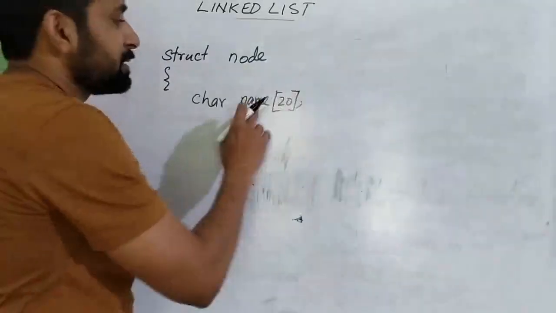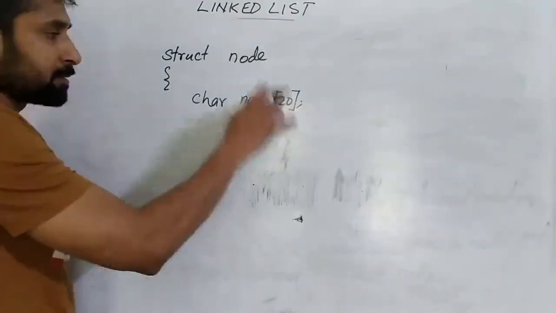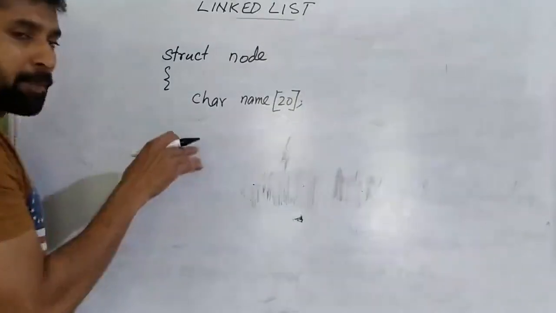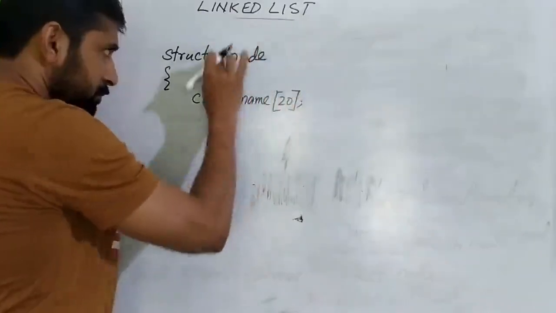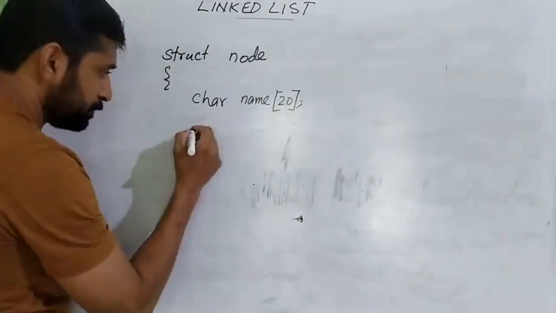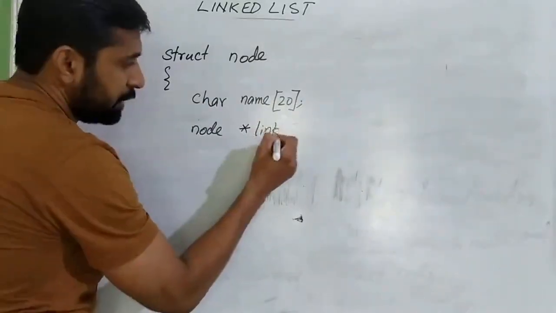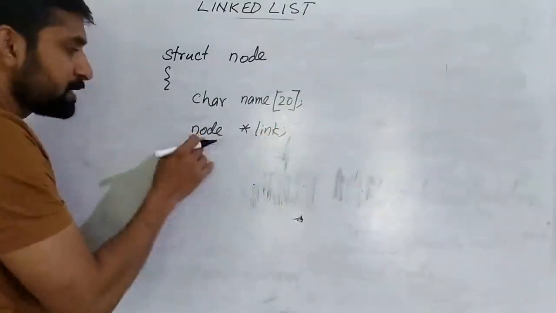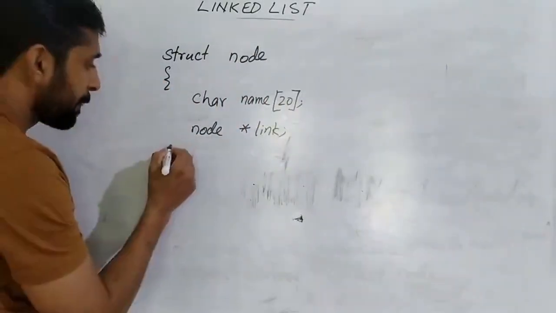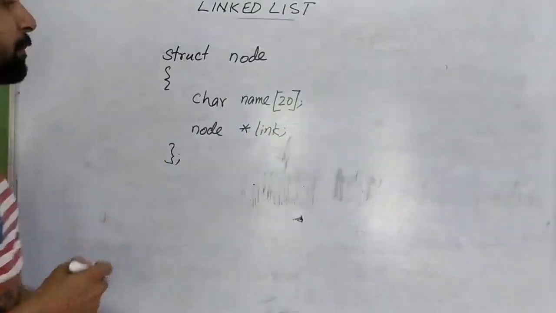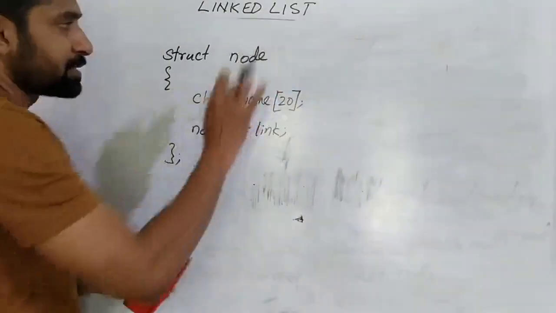So the data part is a character array that can store a name having a maximum of 20 characters. Now the second part, the link part, is of the structure's type, that is node *link. This link is a pointer of type node. Node is the structure itself. So this is a self-referential structure that can be used as a node.